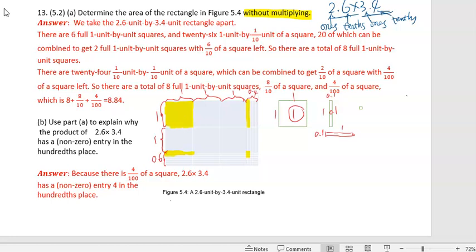And notice this little tiny square has dimension 0.1 by 0.1, so a tenth and a tenth multiplied would be a hundredth, a tenth of a tenth, which we talked about in the place value. When you divide 1/10 into 10 equal parts, you're going to get the next place value, which is the hundredth.